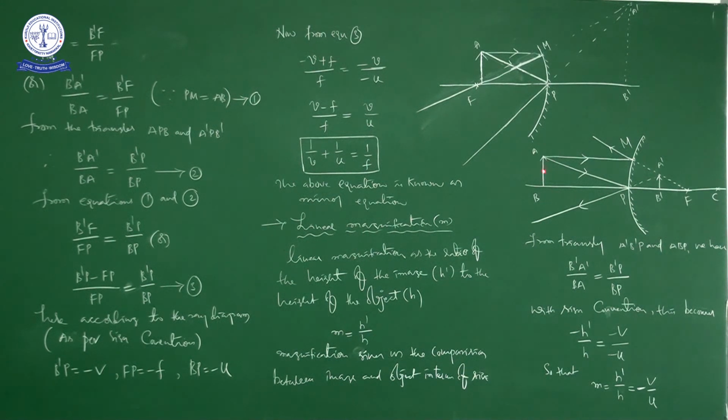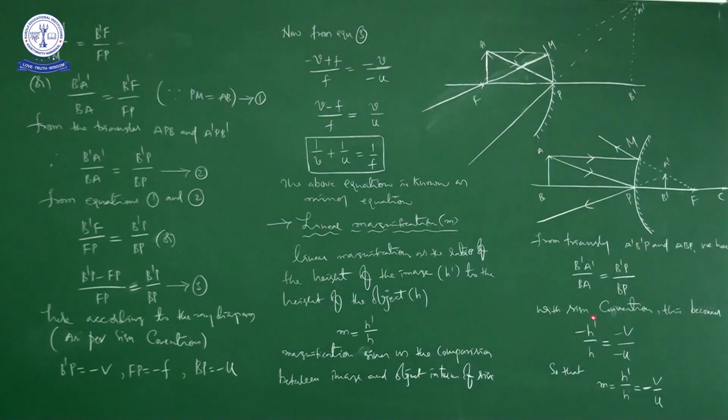So here it is minus H' by H, and that is equal to B'P by BP, which will be minus V by minus U. V is the image distance, and U is the object distance.